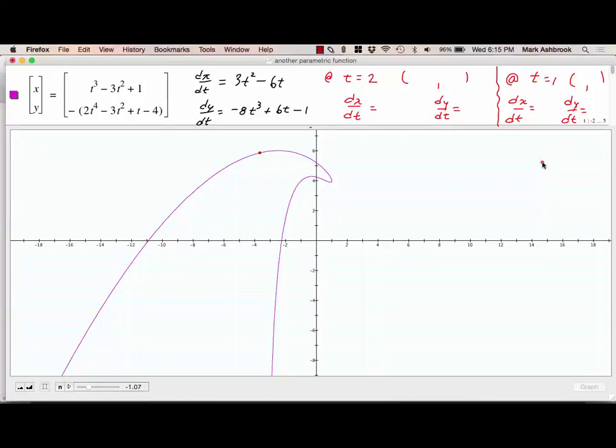Okay, so what'd you get for the coordinates? 3, negative 18. Okay, what'd you get for dx dt?